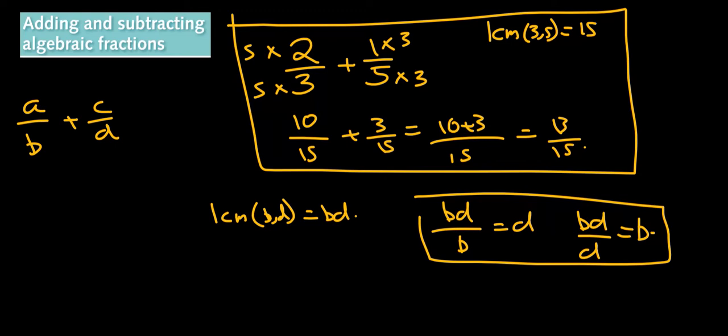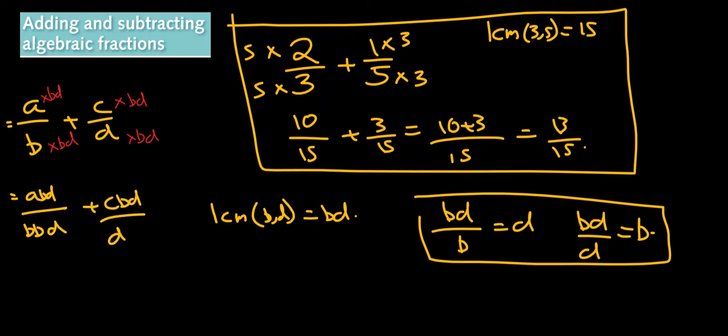So we multiply everything here by bd. So what are we left with? We are left with abd over bbd plus cbd over dbd. We need the fraction to be out of bd.